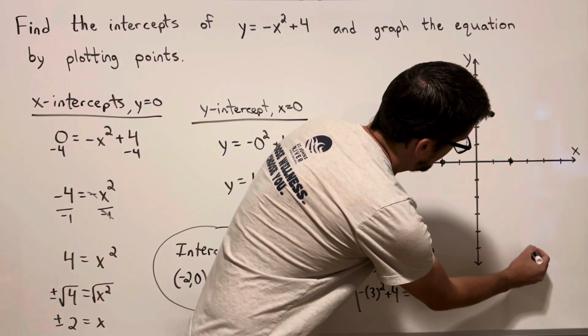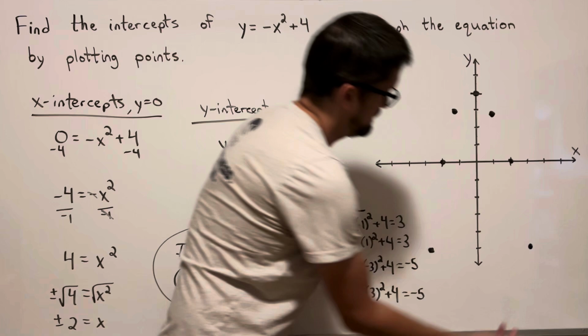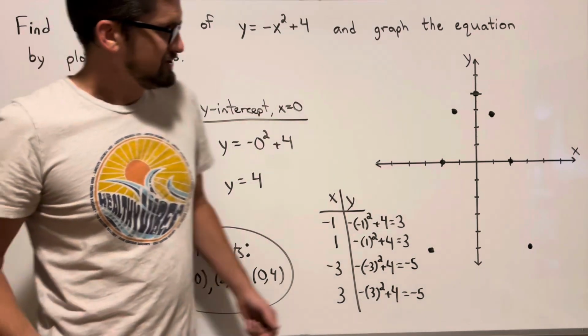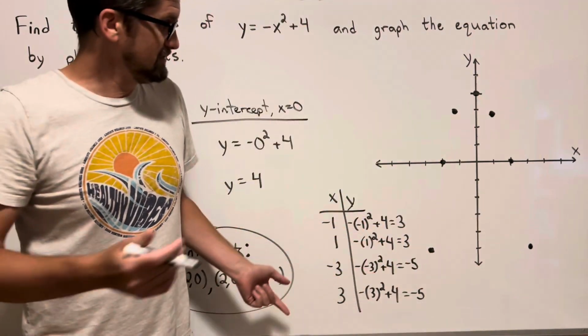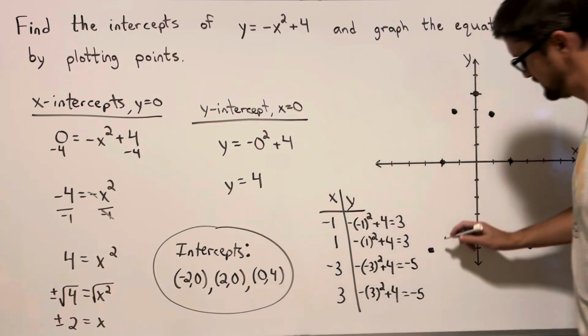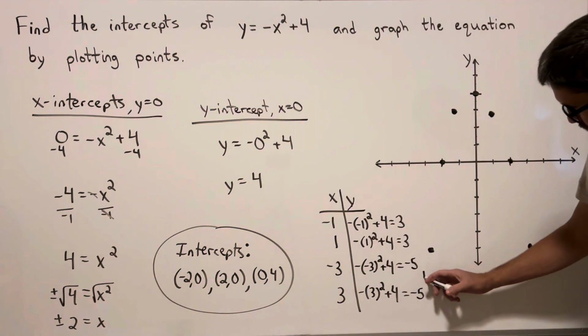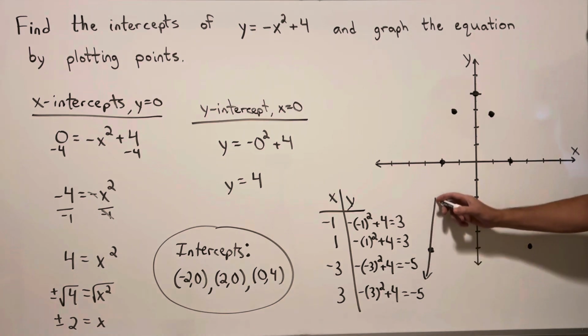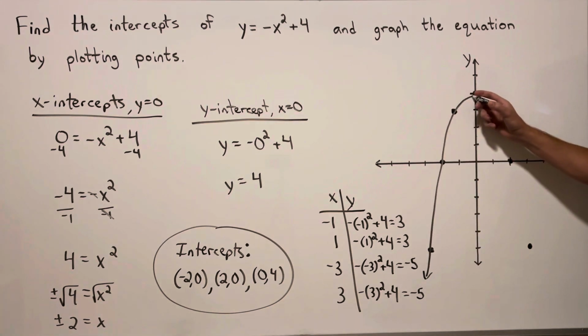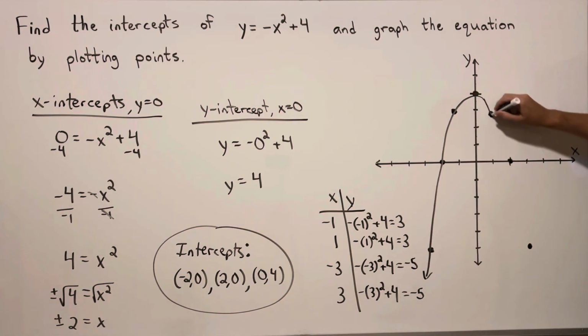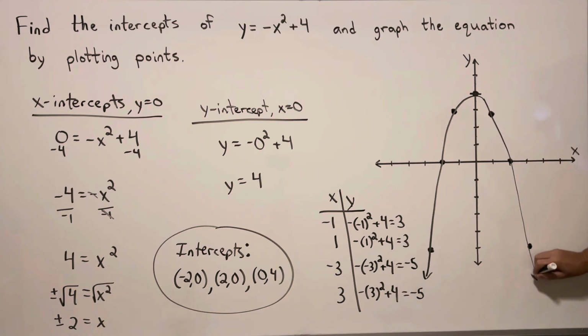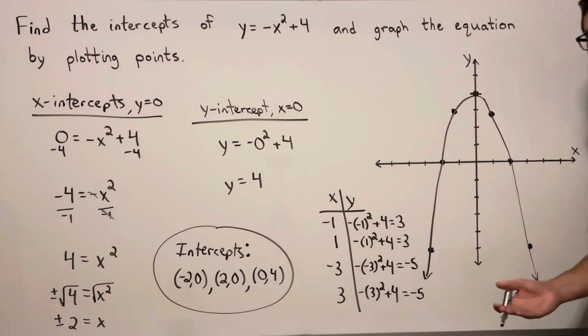It's going to be about right there. So that looks like it's enough points to graph this now. So it's going to be kind of like that. So let's draw in a line. We'll do an arrow here. It's going to come up, and then it's going to curve around and come down. There you go.